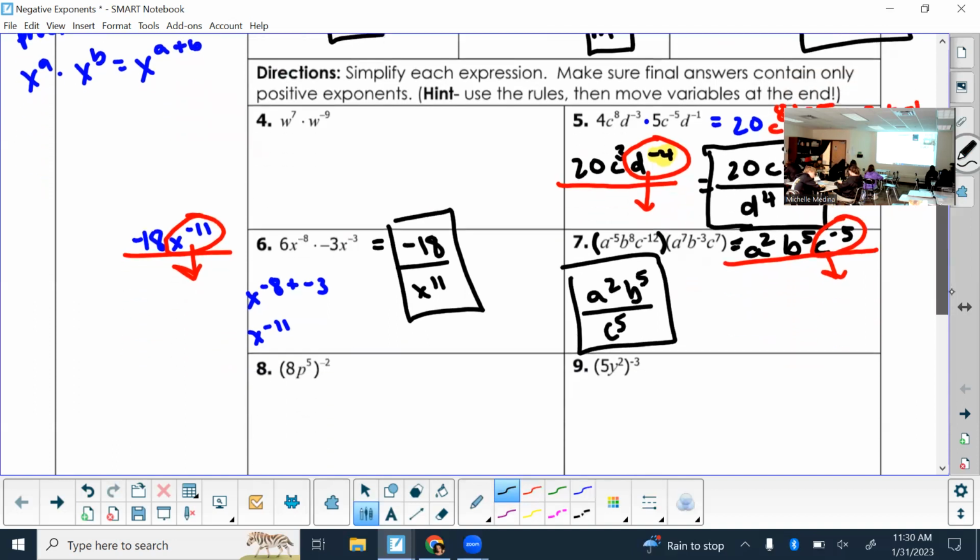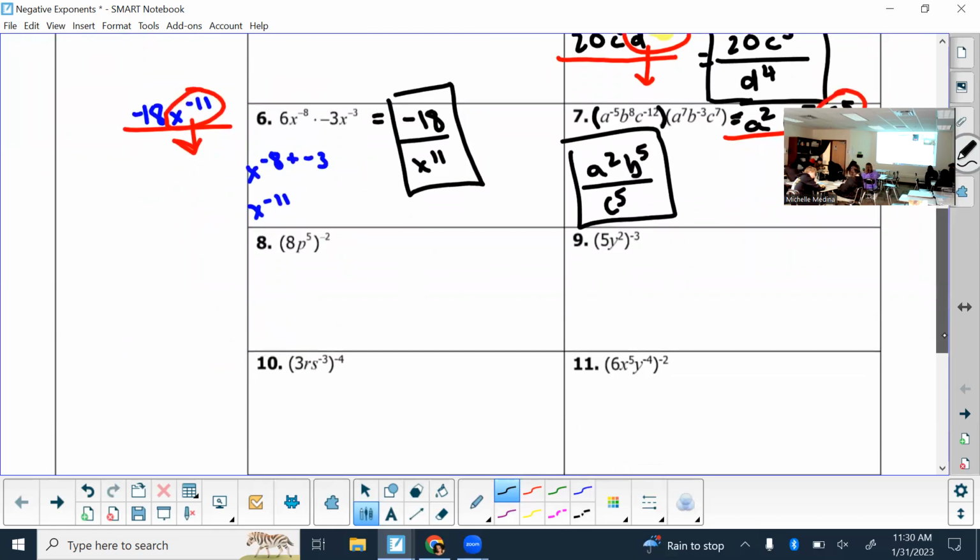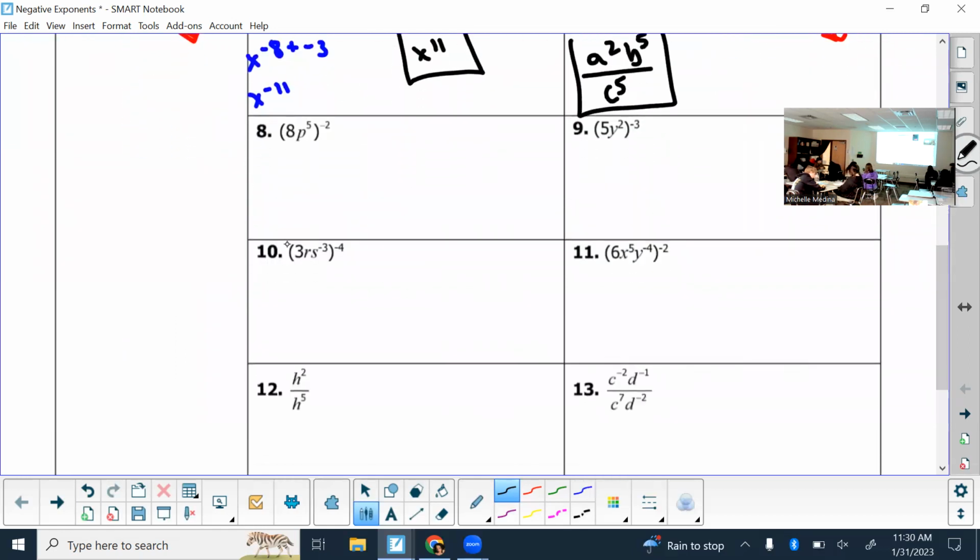Let's do some power rule. Let's do one with more stuff in it. Like in number 10. So we have a term all raised to the power of -4. What does the power rule tell us to do? Anyone that remembers?